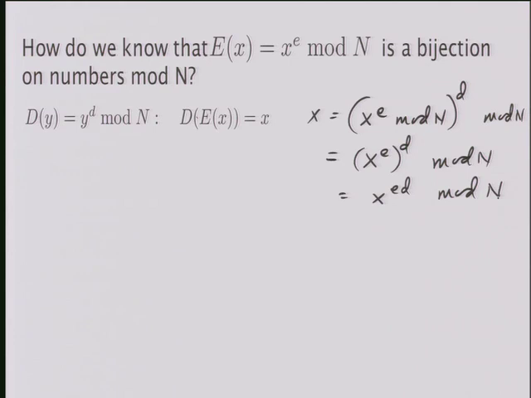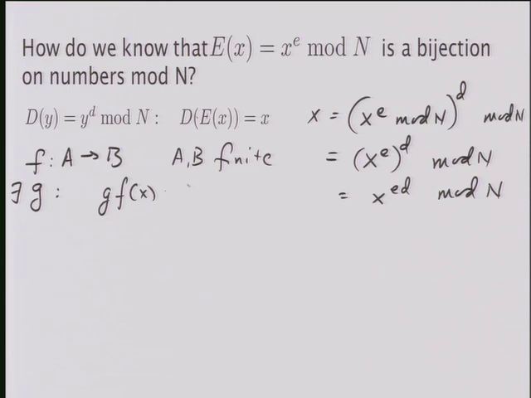This is a general fact. Suppose I give you some function f, which maps A to B. A and B are finite sets. And suppose I tell you there exists g such that g of f of x is x for all x in A. I claim that this implies that f is 1 to 1.